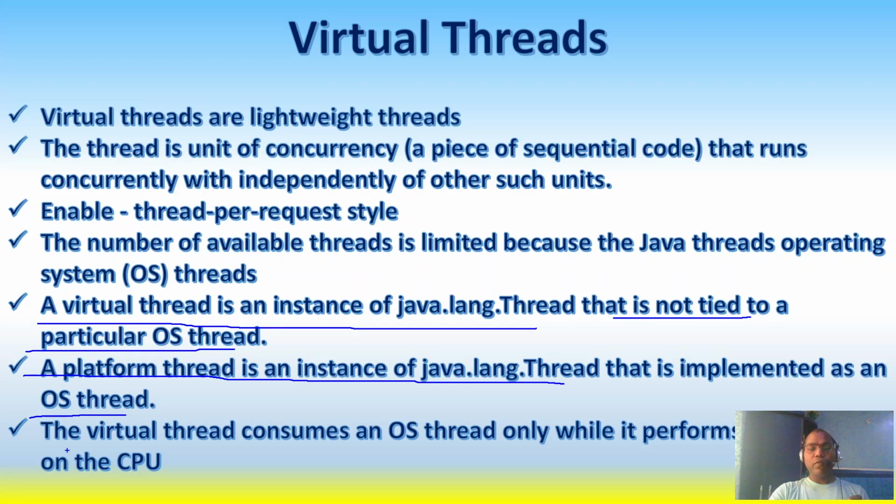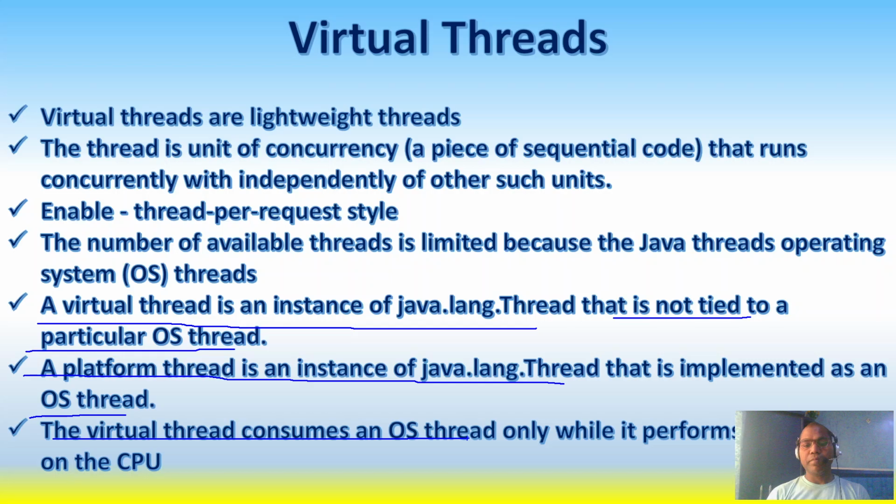So you can say a virtual thread consumes an operating system thread only while it is performing some calculation on the CPU. Virtual threads are lightweight threads, but they use your operating system threads when they really need to perform some calculation on the CPU. Otherwise they are always out of the thread.